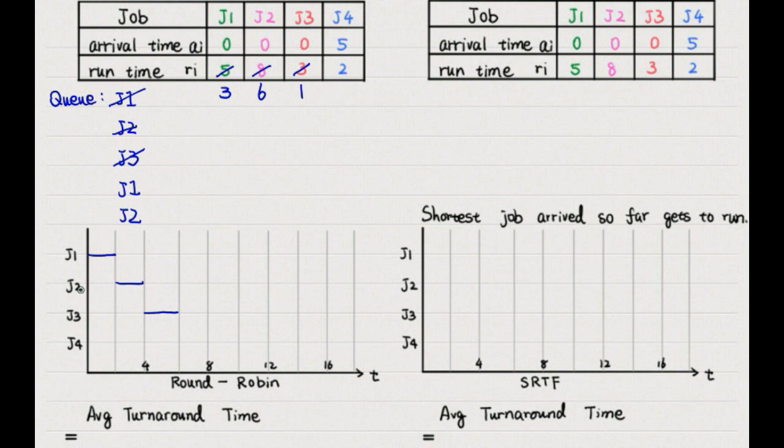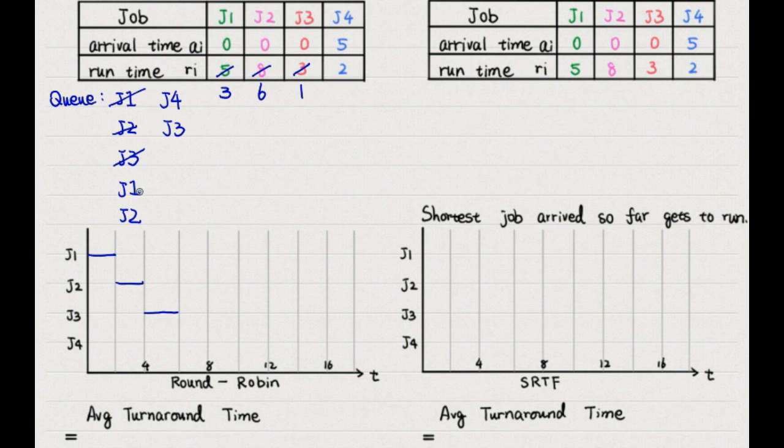Notice that J3 runs from time t equals 4 to time t equals 6, and at time t equals 5, J4 has arrived. And we insert J3 to the back of the queue after it completes.